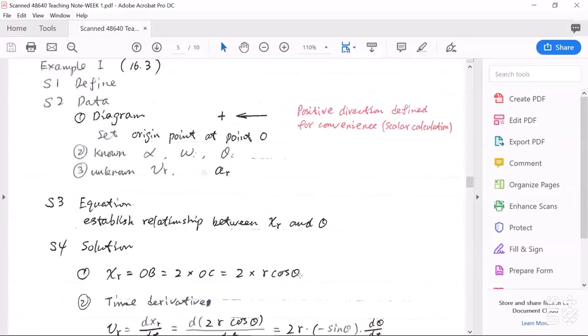Define the problem. We know the rod undergoes rectilinear translation. The cam undergoes rotation about its fixed axis through point O. Next, we can collect data, and we need a diagram. For this problem, I will use the diagram in the slide.